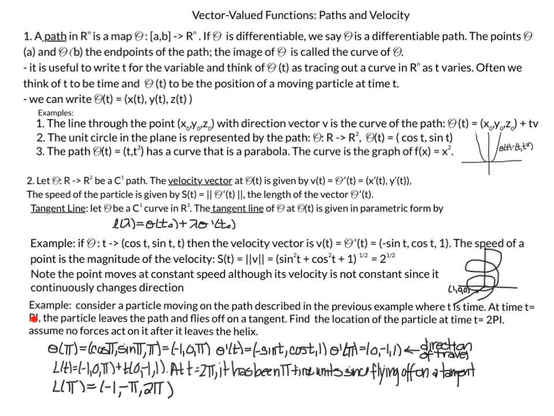And if at a later time 2 pi, that means it's been flying on the tangent line for a time of pi. We plug that into our equation of the tangent line, and we get that L of pi is equal to negative 1, negative pi, 2 pi, and this is our final answer.